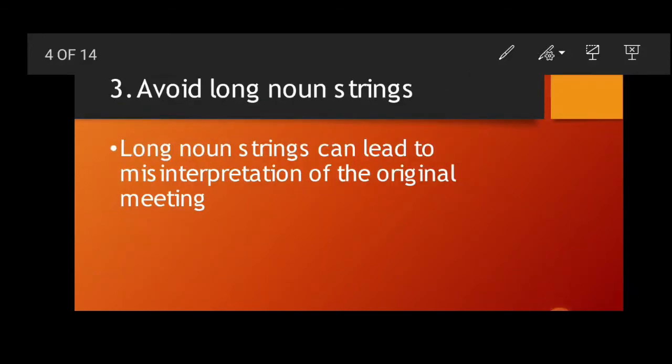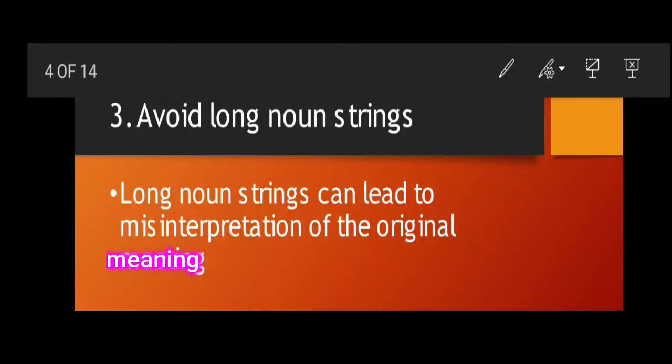Dear students, when you are writing for translation, please avoid long noun strings. What are long noun strings? Nouns in which you use lots of words to describe and explain them. Long noun strings can lead to misinterpretation of the original meaning of that sentence.